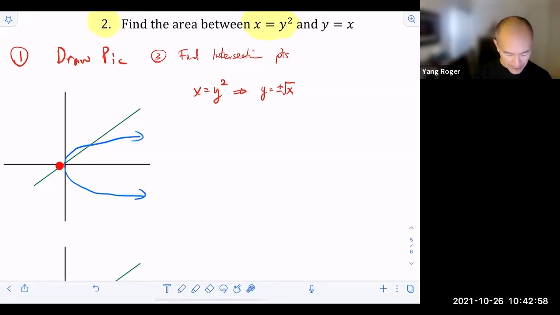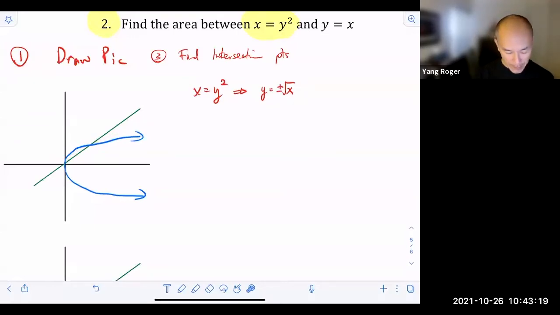Now, when you look at this blue graph over here, the top half of the blue graph is the positive square root function, and the bottom part of the graph is the negative part of the square root function. By looking at our picture, we really only need to worry about the top half.